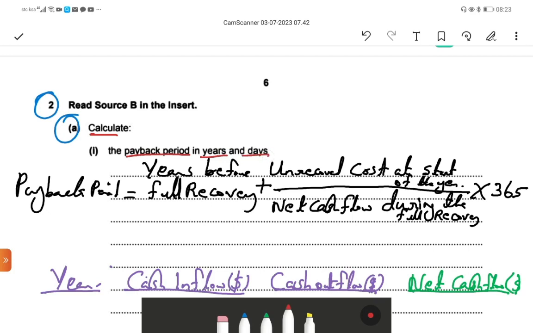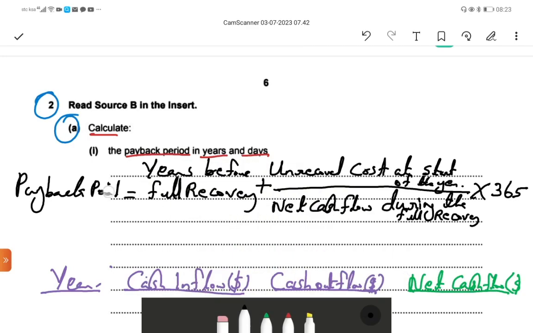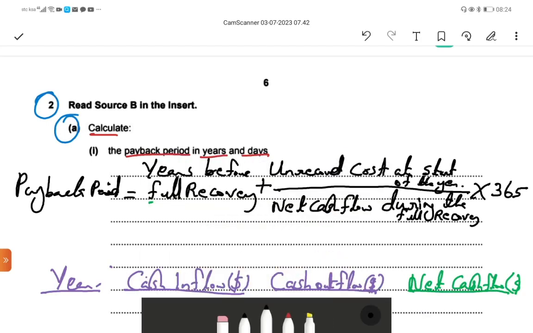The equation is: payback period is equal to years before full recovery plus unrecovered cost at the start of the year divided by net cash flow during the full recovery year, multiplied by 365.